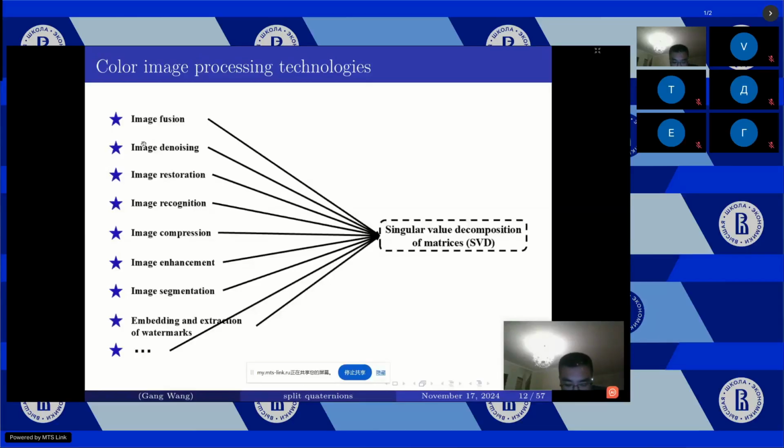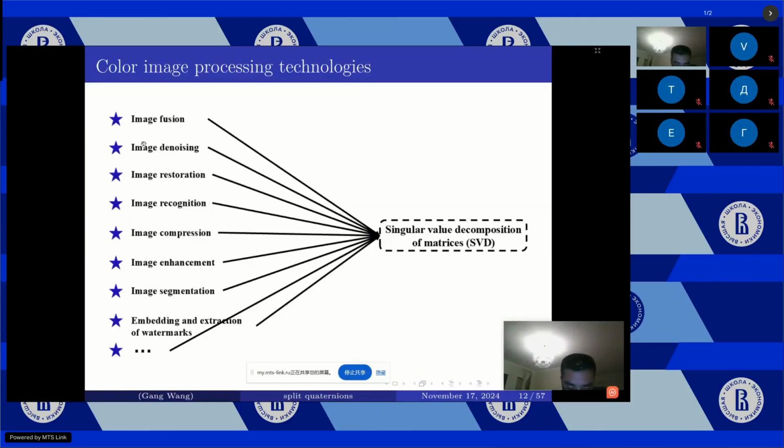SVD is a powerful mathematical tool that demonstrates significant potential in various areas, such as dimensionality reduction, feature extraction, and image compression. Moreover, SVD-based methods offer more adaptable and robust solutions for handling complex image analysis tasks.